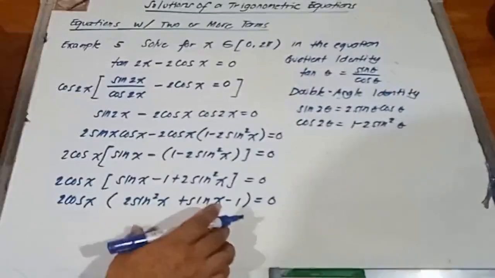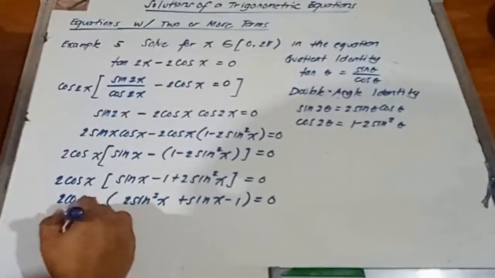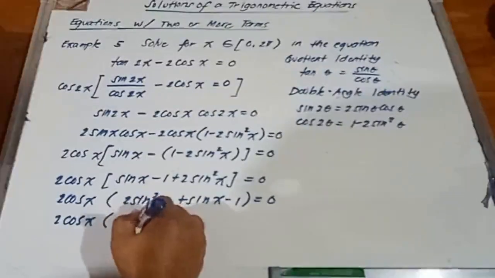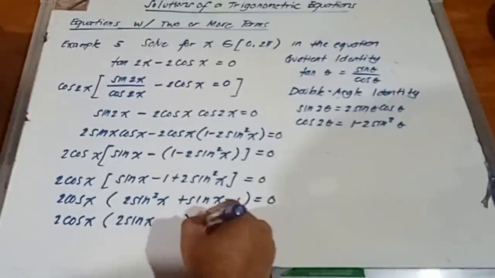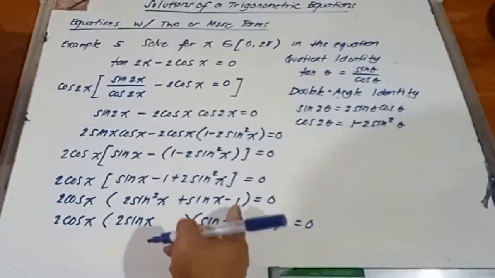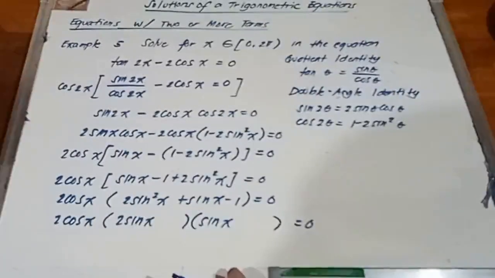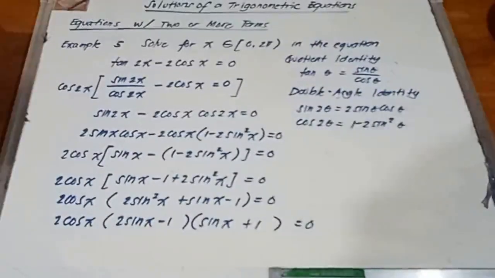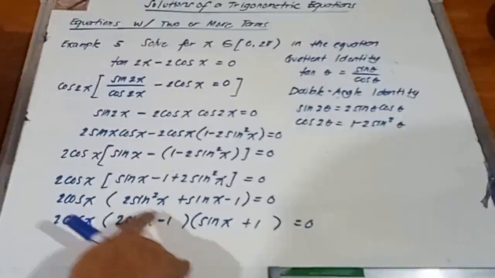By the way, factor pa pala natin to. So we have 2 cosine x, factorable yan by 2 sine x times sine x equal to 0. Then factor na negative 1 is 1 and negative 1. So ilagay ko dito si plus 1, ilagay ko dito si minus 1. Check natin. 2 sine x times sine x, 2 sine squared x.